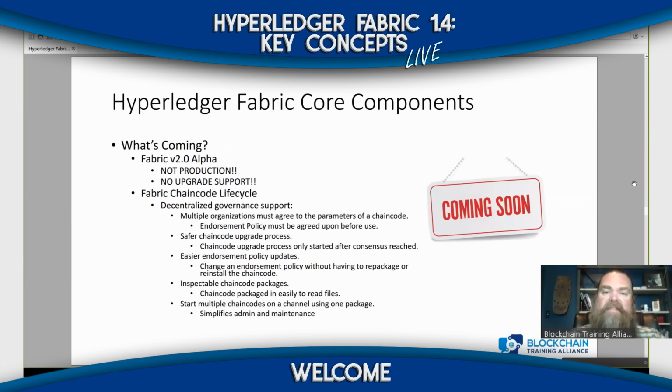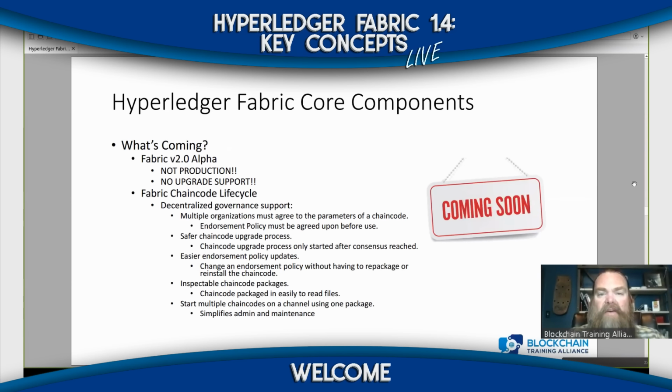There is a big emphasis in version 2.0 on decentralized governance. There's a very, very common theme here. This idea that in Fabric up until now, there was usually one organization that managed things on a channel. So if we needed to change the parameters of one of our smart contracts, or we wanted to upgrade one of our smart contracts, on all the current versions of Fabric, that was just done by one single organization.